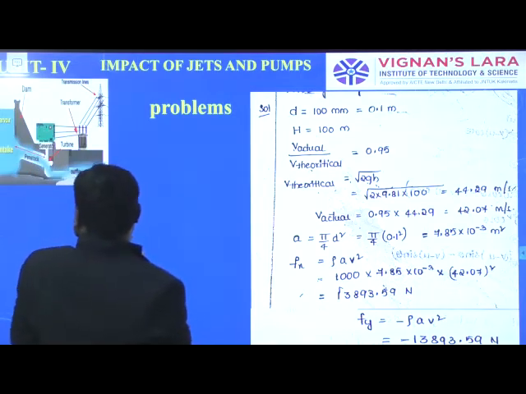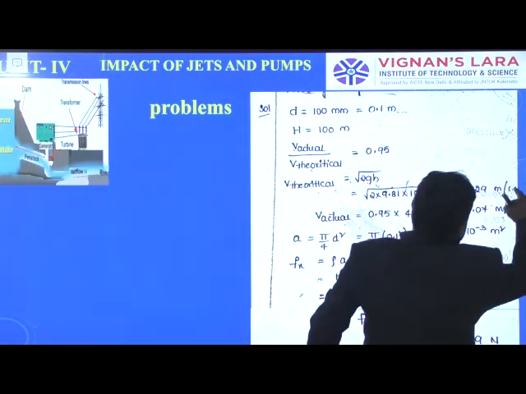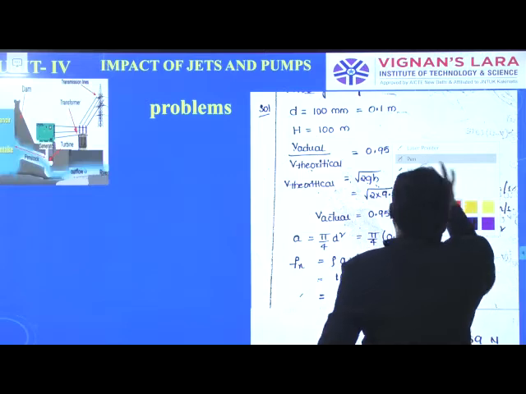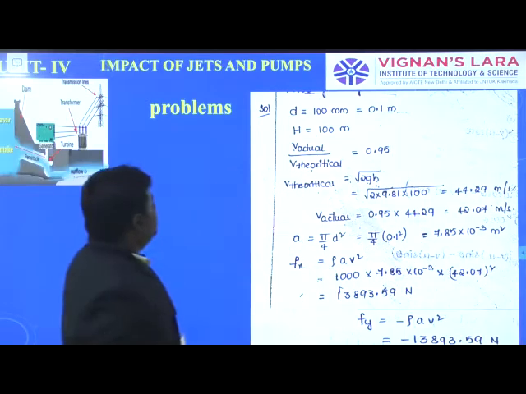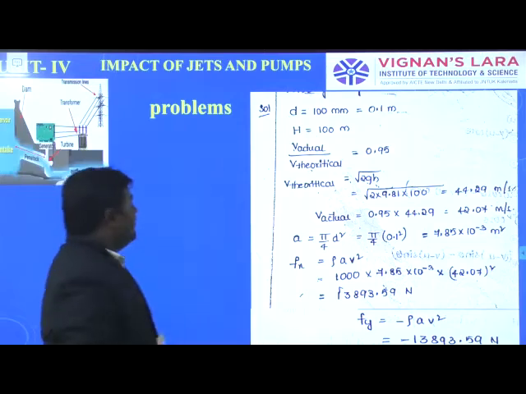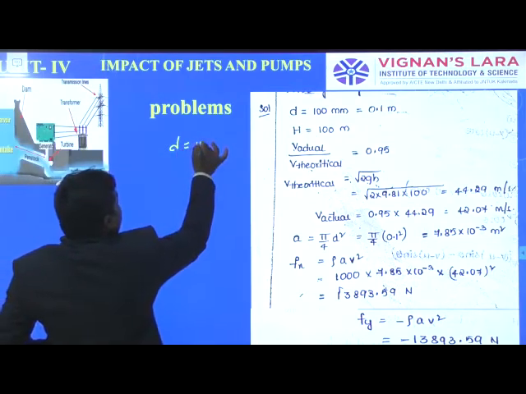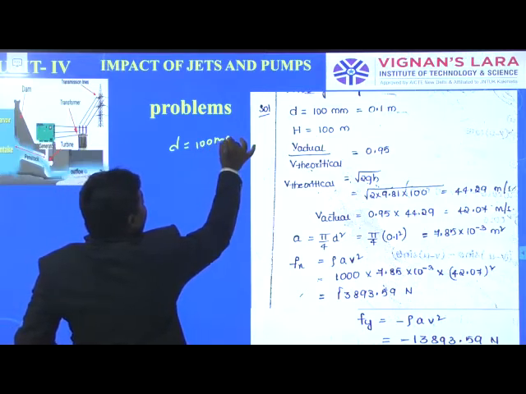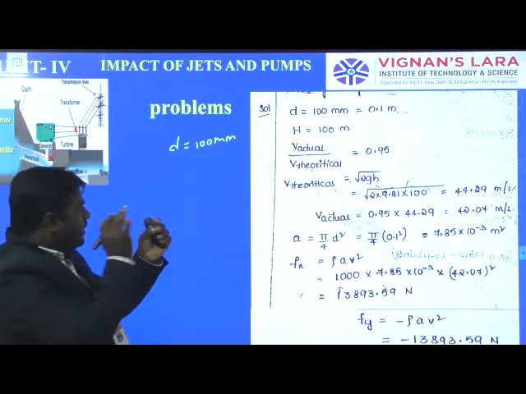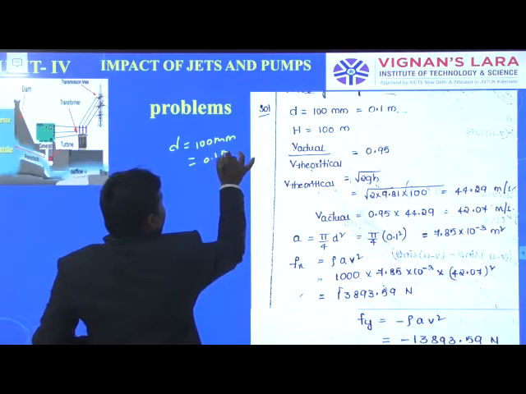So in this problem solution, the given diameter D is equal to 100 mm. We have to convert mm to meters, so it is 0.1 meter.